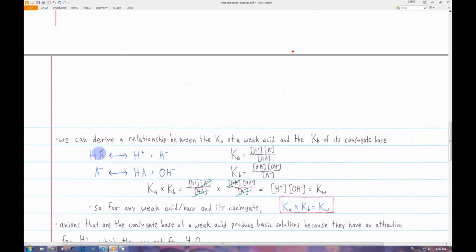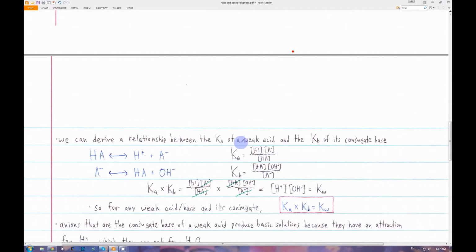The general weak acid dissociation is HA goes into H+ and A-. And for the general weak base equation, we have A- taking in a proton from the water to form HA, and the water becomes the hydroxide ion.